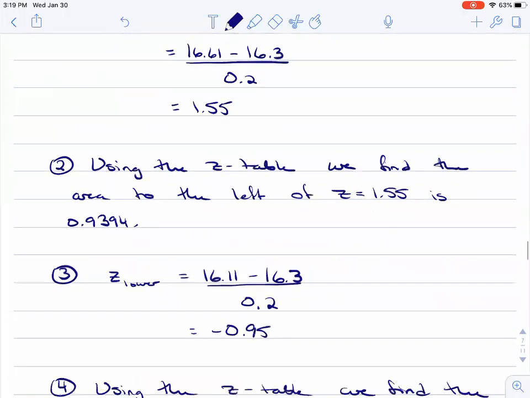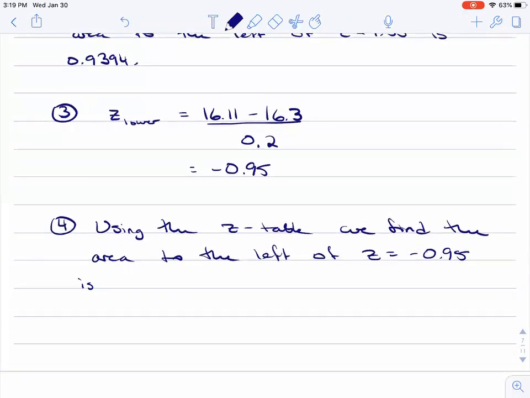Okay, so what is this area? Negative 0.95 is 0.1711.